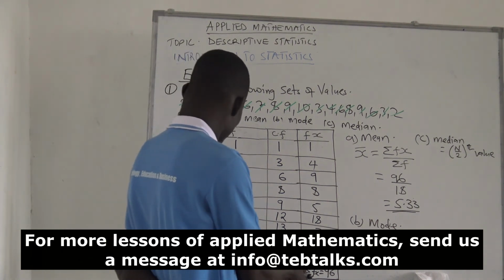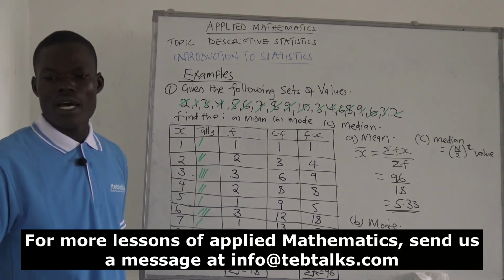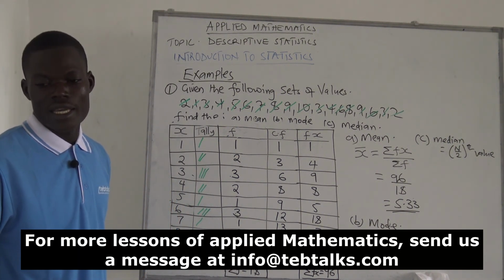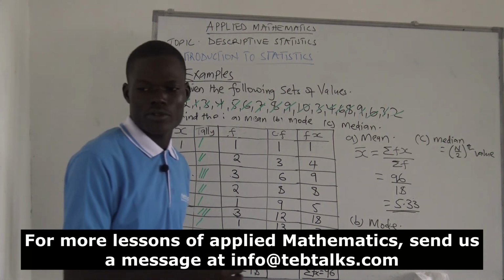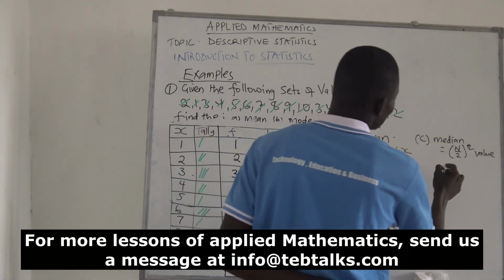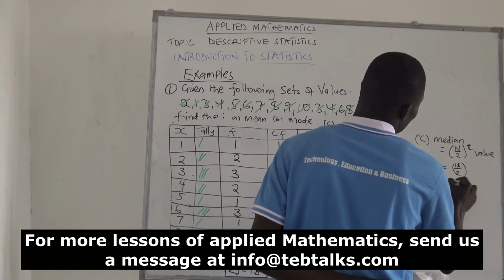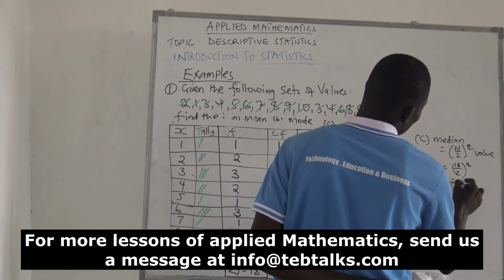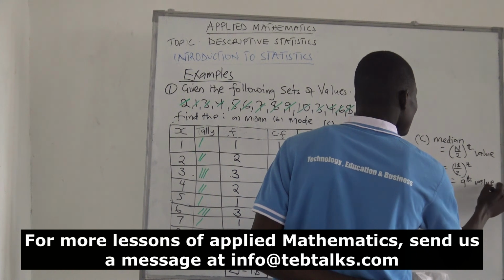The median is 18 out of 2, so we get what we call the 9th value of the cumulative frequency.